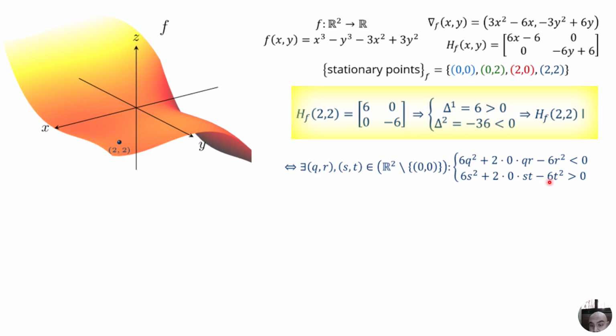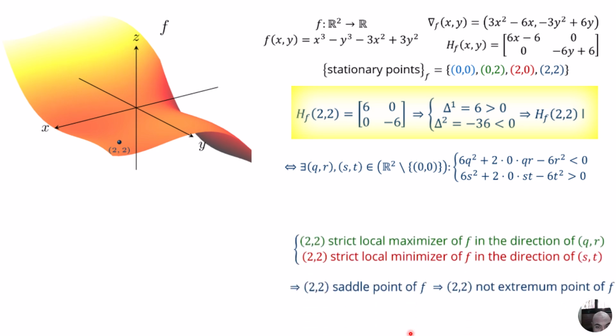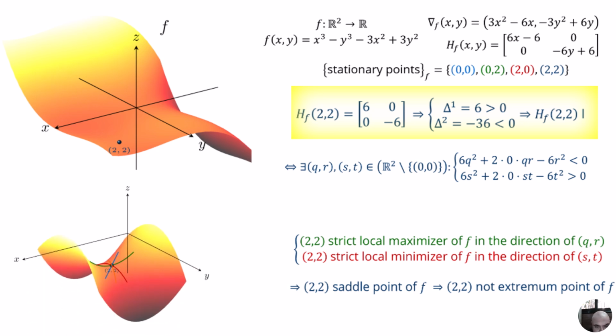And if you want to get back to the quadratic form, you will have your quadratic form with different signs in the Q and the R. At Q, you will have a strict local maximizer, and at R, you will have strict local minimizer, because 6q squared plus negative 6r squared for some directions will be less than 0, and for others will be greater than 0. Then I will have a saddle point at this point.